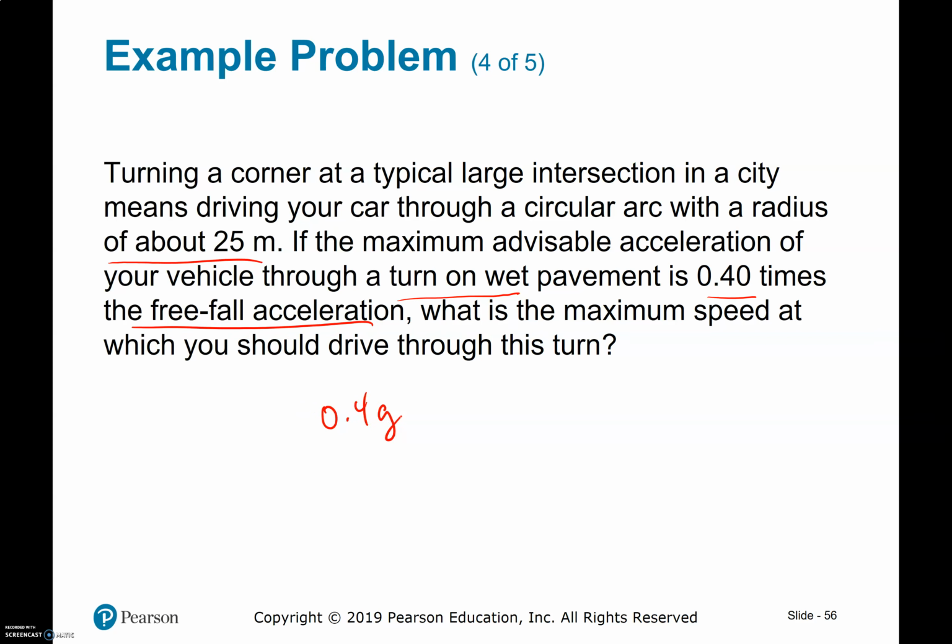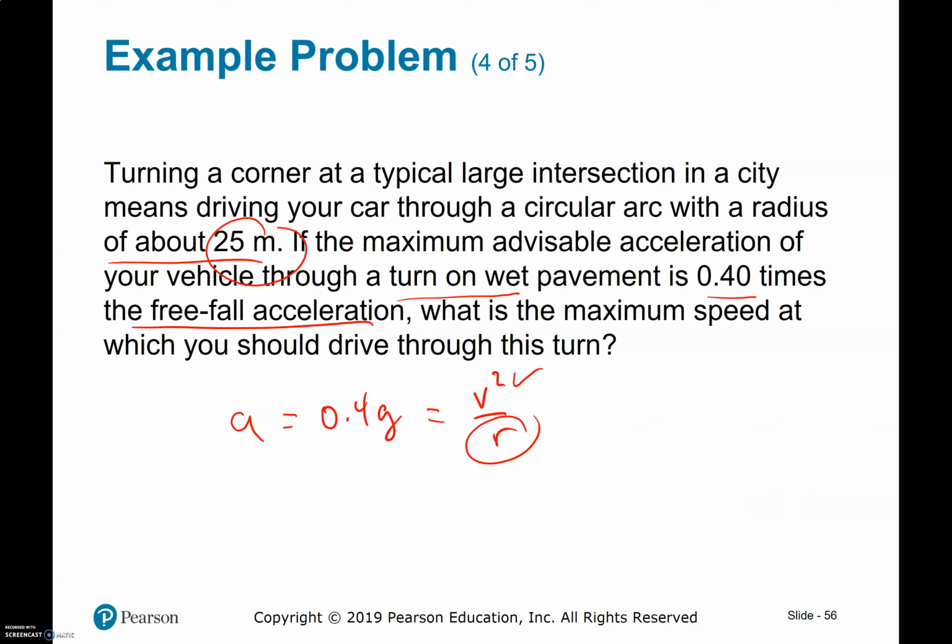So what is the maximum speed that you can have? Well, this is the maximum acceleration, and you know that this is equal to v squared over r. So v squared is what you want, and r is given to you here, 25 meters.